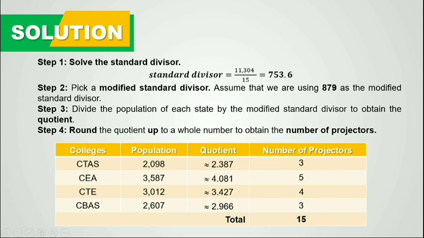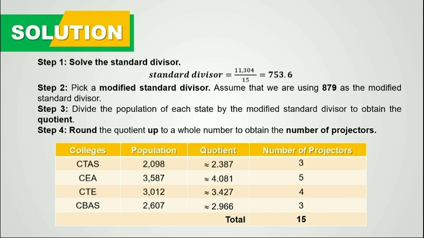Now a question: what if in your first attempt, it does not sum up to 15? Hypothetically, if you add them all up based on your chosen modified standard divisor, the answer is not equal to 15. It could be 16, 14, 11, or 20. What are you going to do?